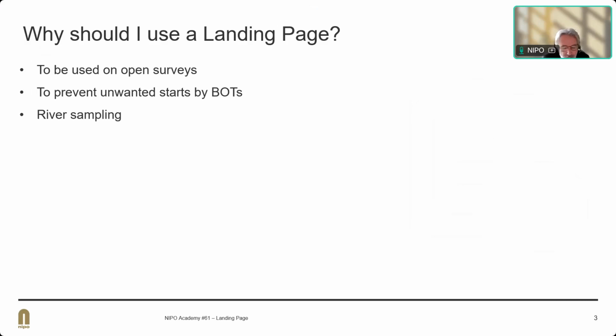Now, what is a landing page? A landing page is simply a web page that you place between the click where you start a survey and the actual start of that survey. So you are directed to a static landing page, and on that static landing page there is again a button. You click that button and that will then really start the survey. This is actually something that we have been doing for quite some time now.